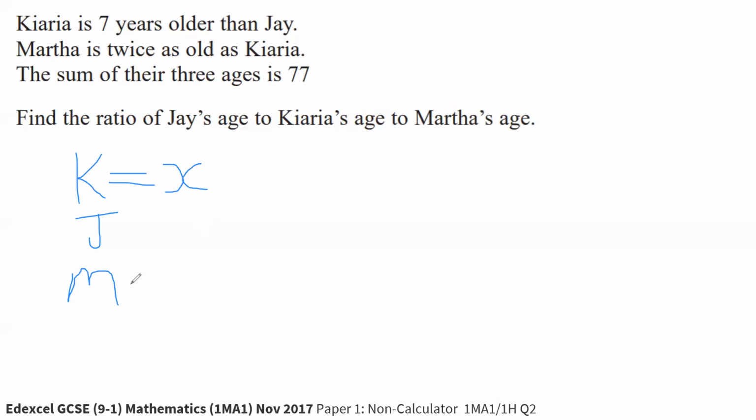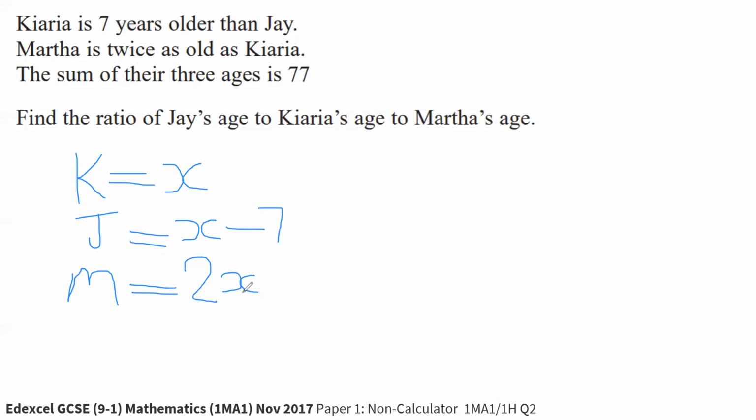We know that Martha is twice as old as Kiara, so if she's X years old, then Martha would be 2 times X. So we can represent that as 2x. And then J, we know that Kiara is 7 years older than J, which obviously makes J 7 years younger than Kiara. So we can write that as x minus 7.